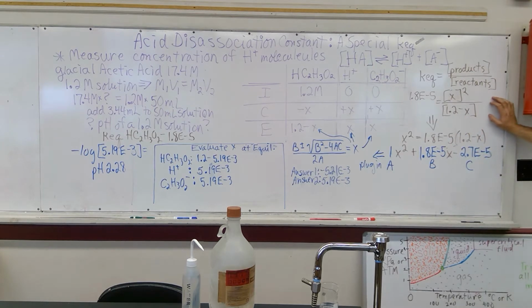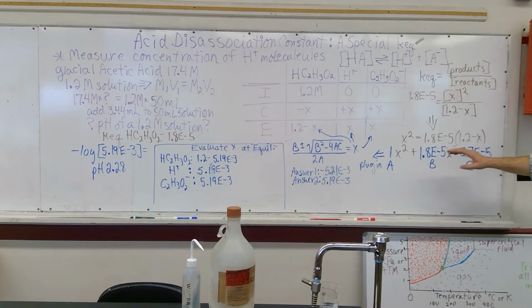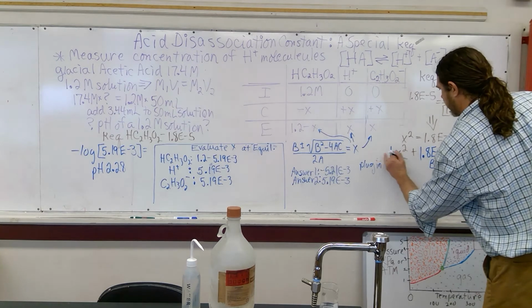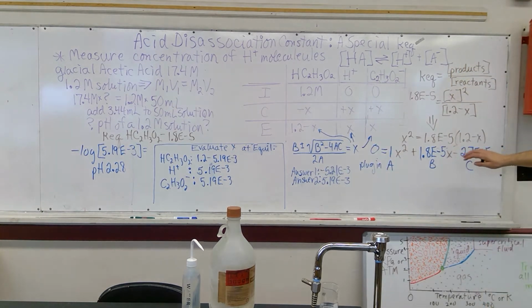Once we start rearranging this, we have a more familiar algebraic expression. Then we can rearrange this into a quadratic, setting everything to 0, which I just forgot to do here. And so we wind up with a quadratic equation: 1x squared plus 1.8 times 10 to the -5th power x minus 2.7 times 10 to the -5th power.